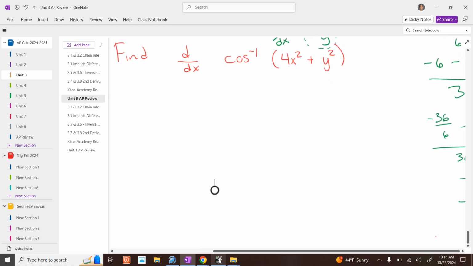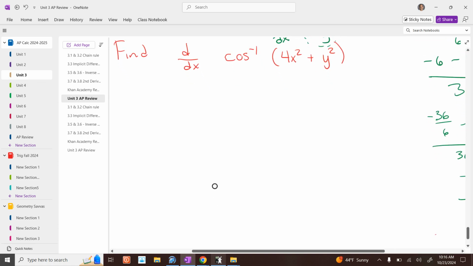All right, this one. I don't think we had one of these on your Khan Academy, but AP brings it in, and we should be able to do this. Inverse cosine of 4x squared plus y squared. First derivative of that.